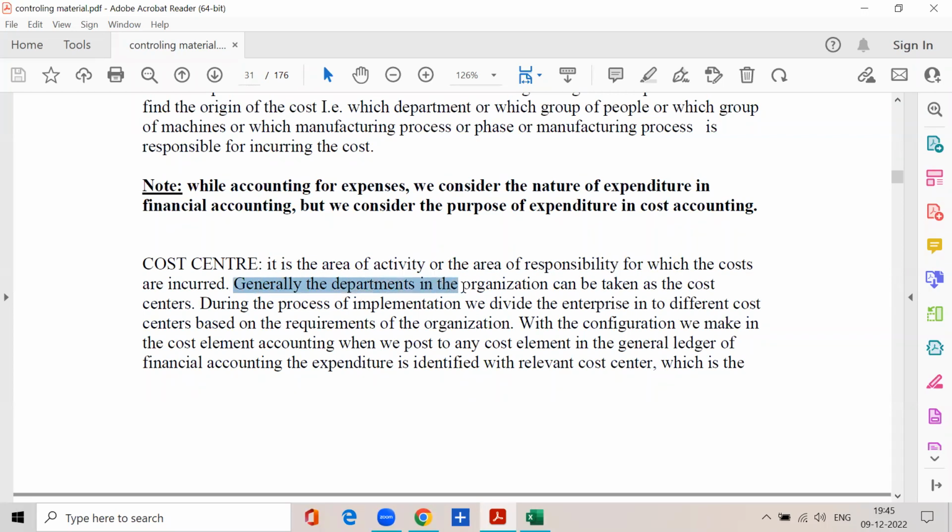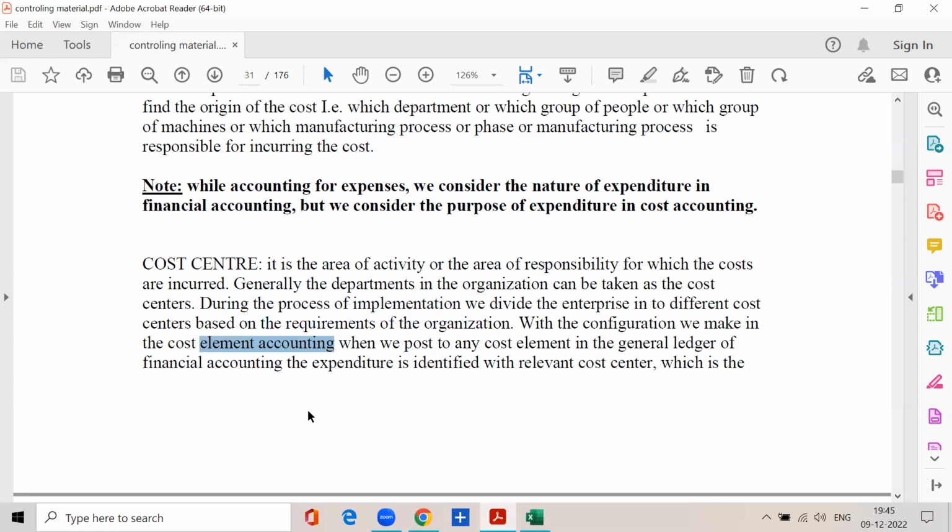See, it is the area of activity or area of responsibility for which the costs are incurred. Generally, the departments in the organization can be taken as the cost centers. During the process of implementation, we divide the enterprise into a number of cost centers based on the requirements of the organization, with the configuration we make in cost element accounting. So what is the configuration we have in cost element accounting? Every expenditure we have created as a primary cost.